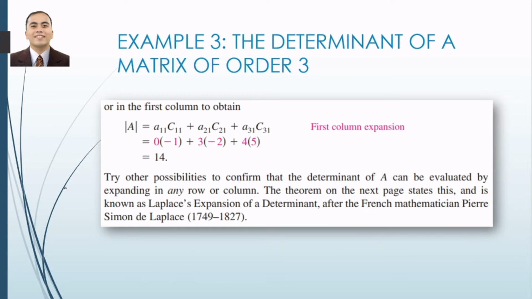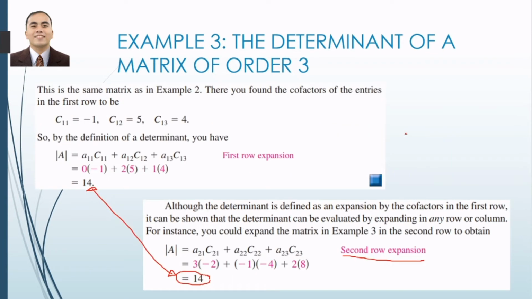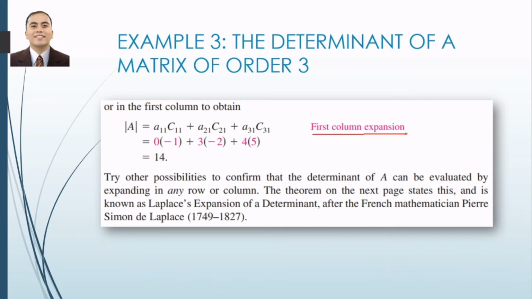Another option is to expand along the first column. To obtain the determinant of A, the determinant of A is equal to A sub 1,1 times C sub 1,1 plus A sub 2,1 times C sub 2,1 plus A sub 3,1 times C sub 3,1. So let's use the first column expansion. Earlier we had the row expansion; here we use the column expansion.